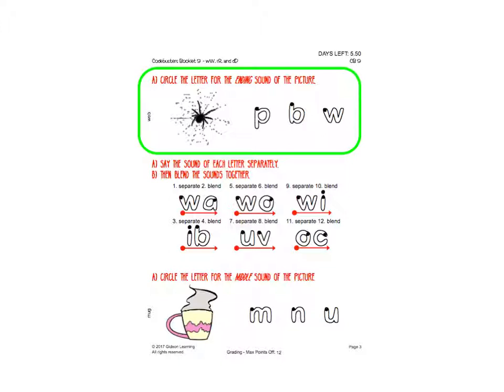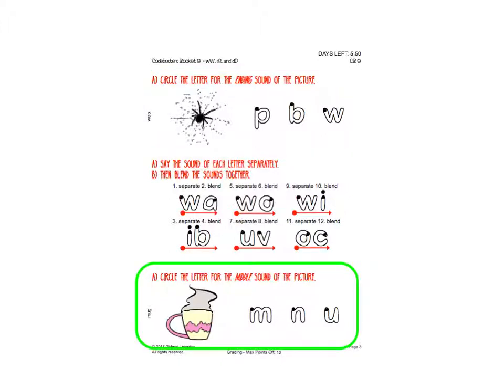If your child struggles with this activity, overemphasize that ending sound for your student. Web, web. By overemphasizing, hopefully your child will identify that sound as B. But we do put in P in there to make sure that they identify the difference between P and B. So hopefully if you can overemphasize that, your child should be able to get it easily if they can't get it on their own.